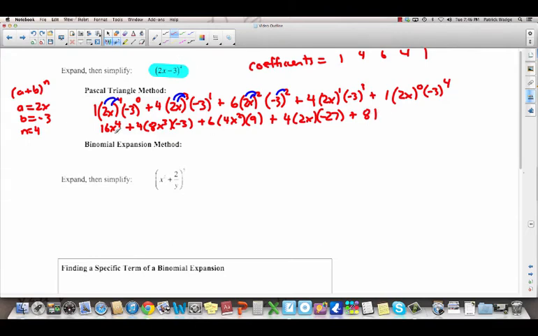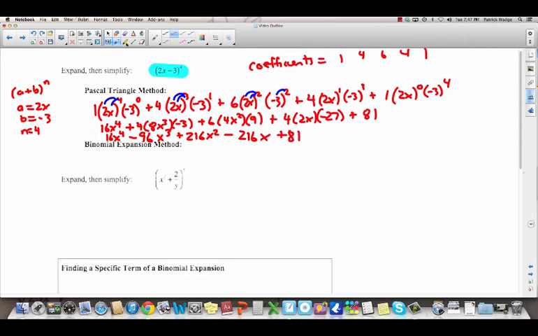Okay, we go back and simplify, and we'll have our answer: 16x to the fourth power. We got 4 times 8 times negative 3, which is negative 96 x cubed. 6 times 4 times 9 is 24 times 9 is 216 x squared. 4 times 2 times negative 27 is negative 216 x plus 81.